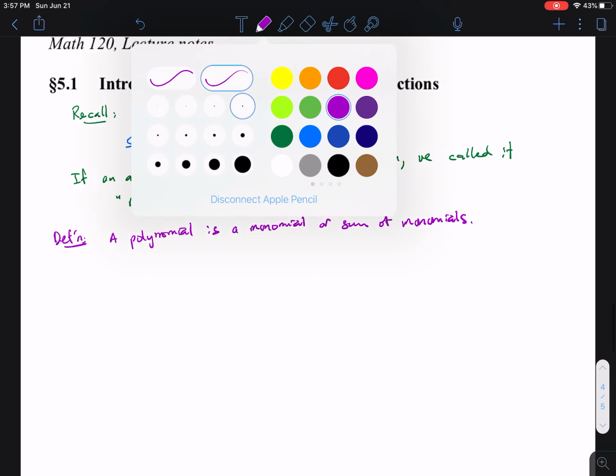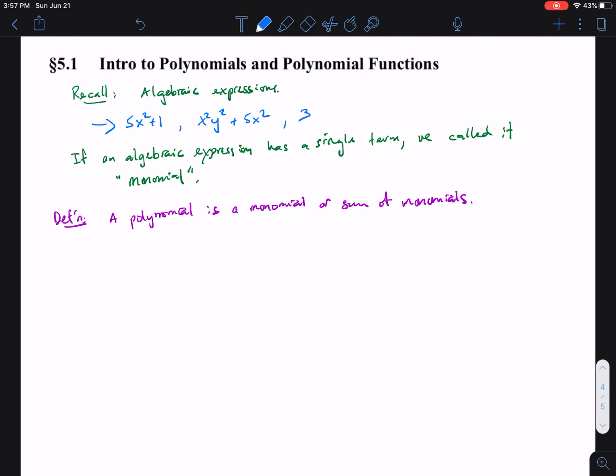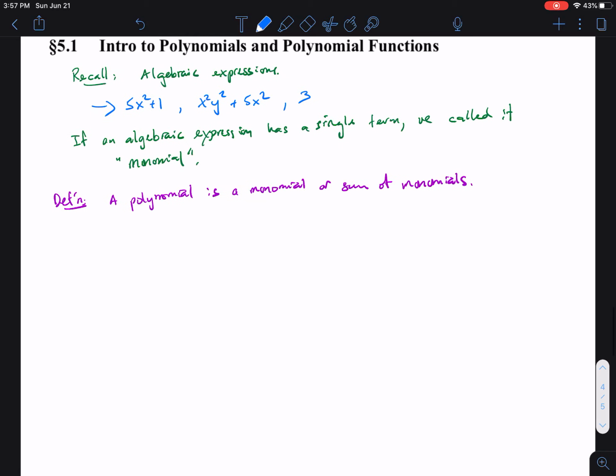So an example would be, let's say, just like these algebraic expressions, but we can now combine them. So we can say, all right, well, we have 5x squared plus 3x plus 1, so that is a polynomial.